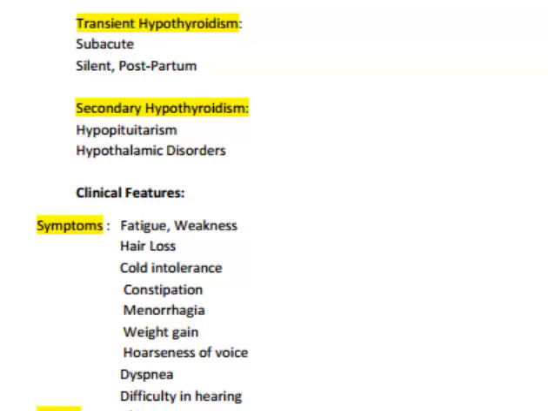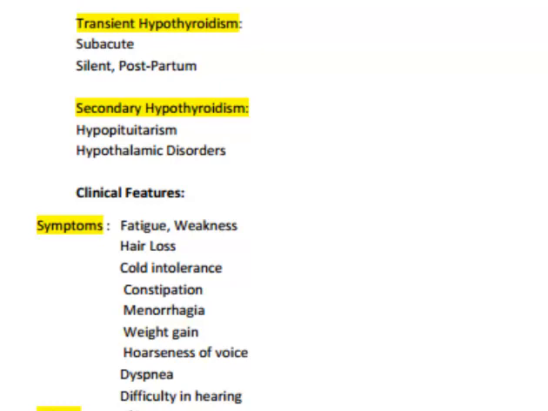These all come under primary. Now it may be transient, seen in case of subacute or silent thyroiditis or viral thyroiditis or postpartum thyroiditis. It may be secondary. Secondary cause may be hypopituitarism or hypothalamic disease.